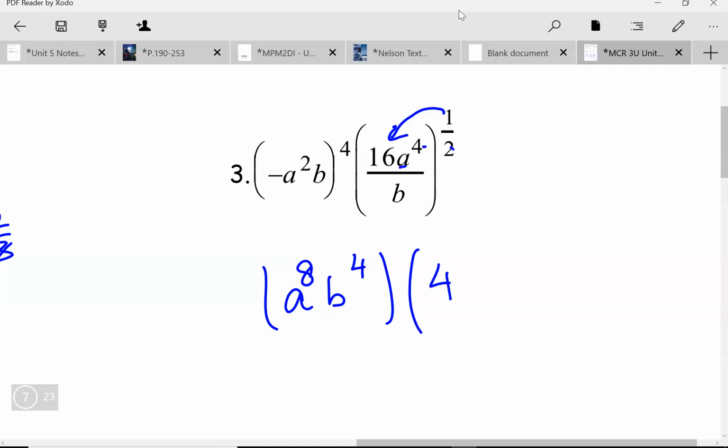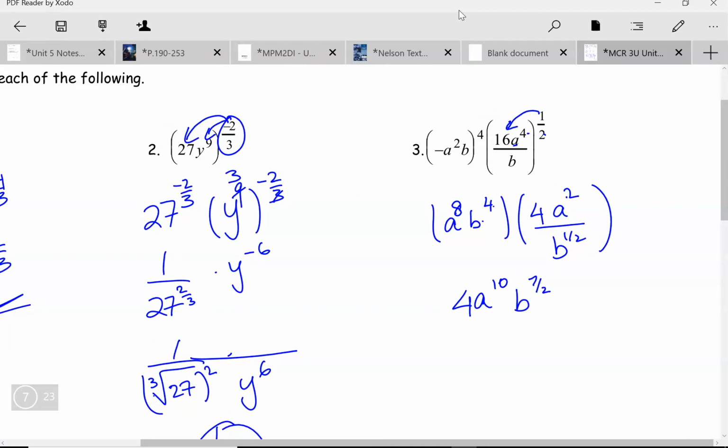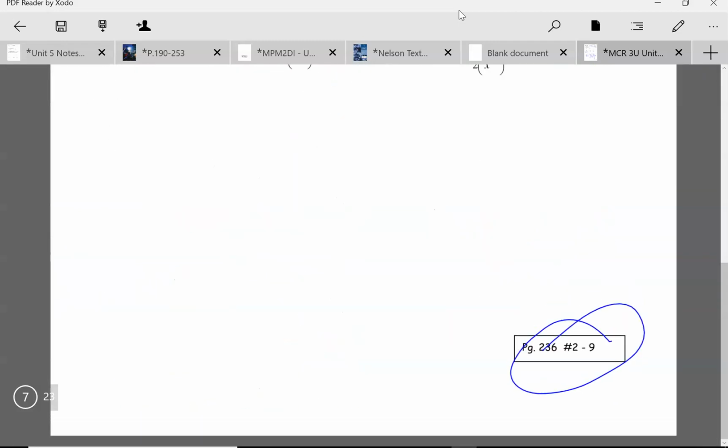A to the power of 4 times half is a to the power of 2, divided by b to the power of half. I'm basically multiplying everything, so I can combine this as 4. A to the power of 8 plus 2 is 10. B to the power of 4 minus half, which is 3.5 or 7 over 2. And that's my simplified answer.